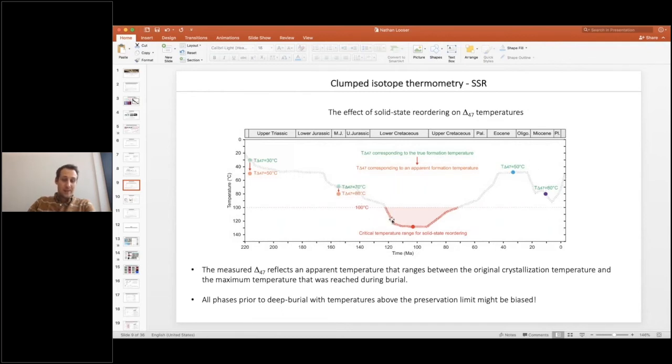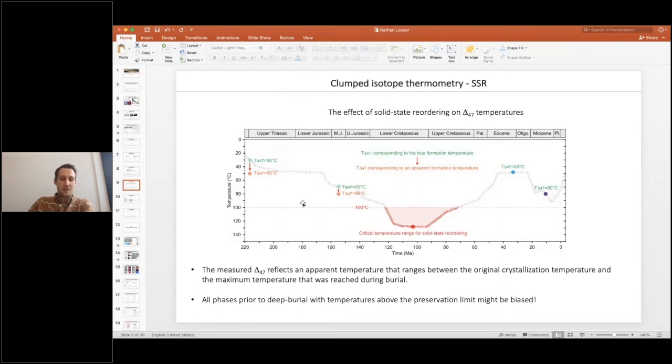All the carbonate phases that formed prior to the time of heating, where you have solid-state reordering, will show higher temperatures. For example, in the beginning, instead of 30 degrees, which is the true formation temperature, the apparent temperature that you measure today is 50 degrees. Or here, if the original temperature was 70 degrees, today you will measure 80. In contrast, after the steep burial, these temperatures are still correct.